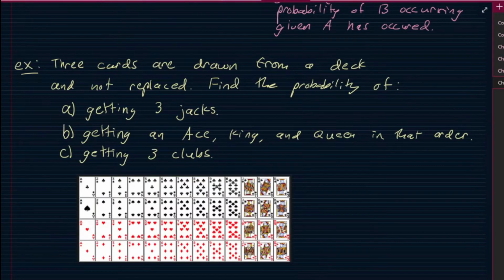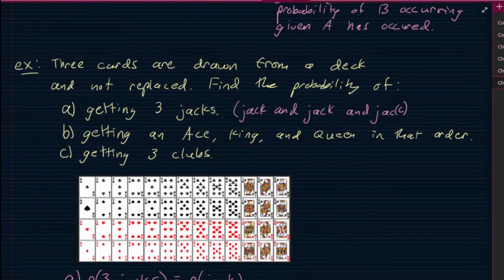Okay, so the probability of 3 jacks, that's kind of like jack and jack and jack, which is why we're using the conditional probability formula here. So the probability of getting 3 jacks, it's the probability that we get a jack times the probability that we get another jack.